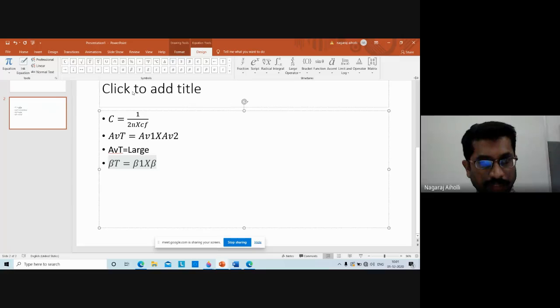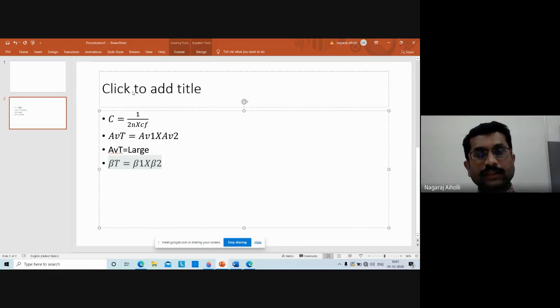This is the total current gain of the Darlington connection.